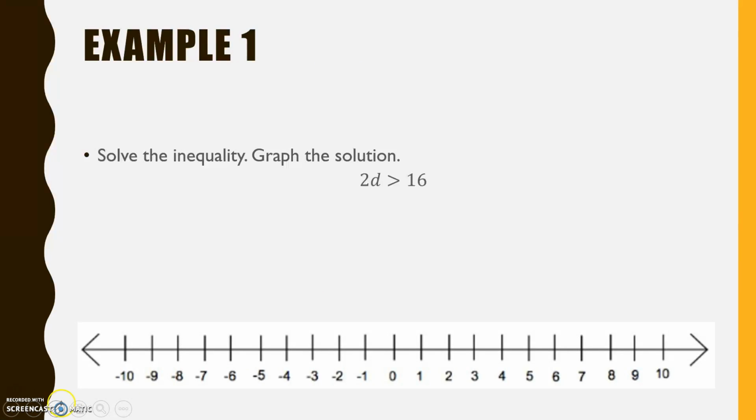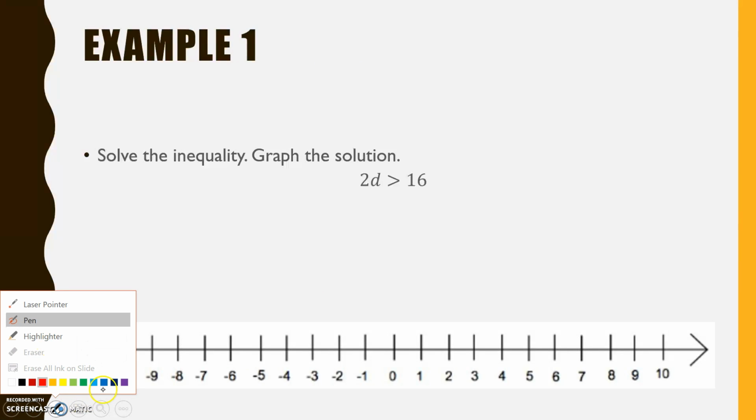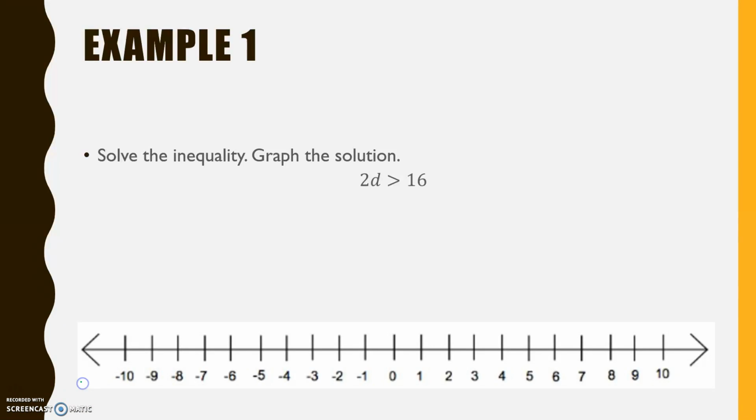Okay, it says solve the inequality and graph the solution. So let's go with green. Green's a good color. I'm going to draw my line. Now I'm going to say, okay, what's happening between the 2 and the D? They're being multiplied. So the opposite of multiply is divide, so I'm going to divide both sides by 2.